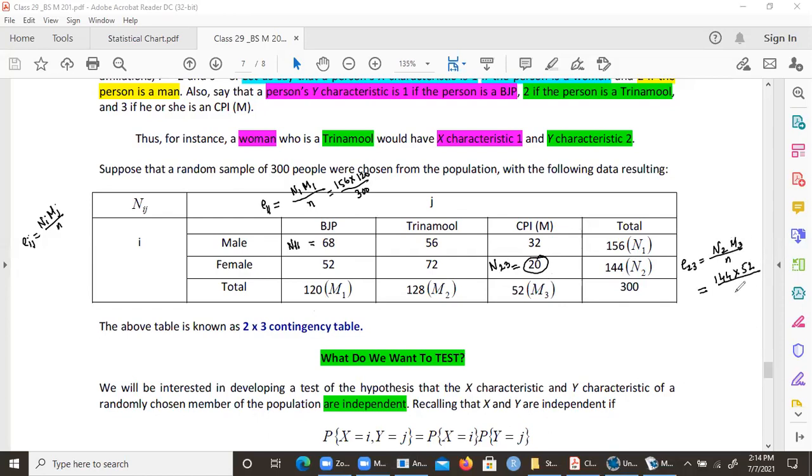We shall multiply the two and we will divide it by 300. In this manner, I have calculated all the probabilities here in this case. Now let me proceed further. So after calculating all the probabilities in this way, what I have done is this.